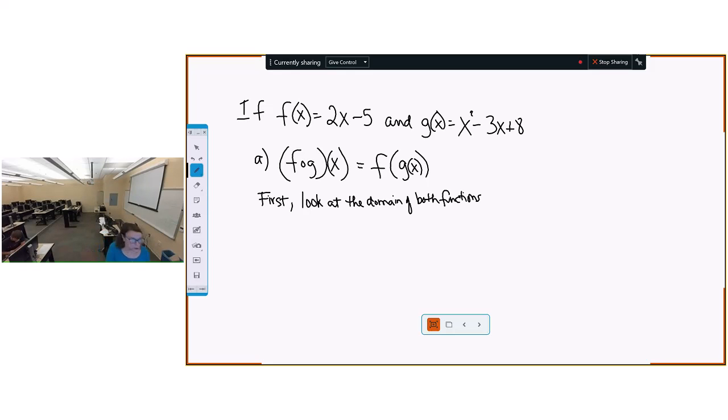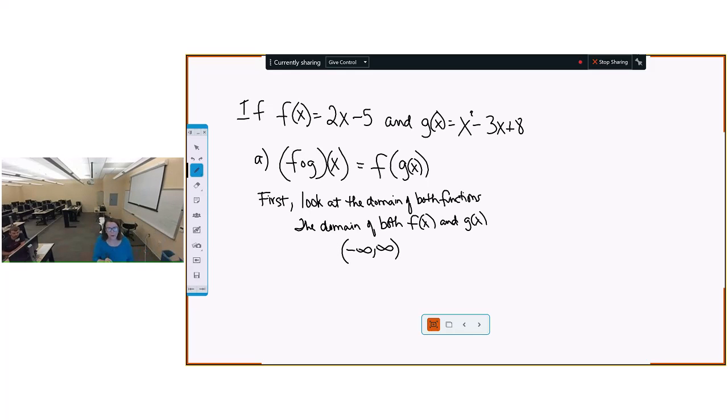So the domain of both f of x and g of x is negative infinity to positive infinity.